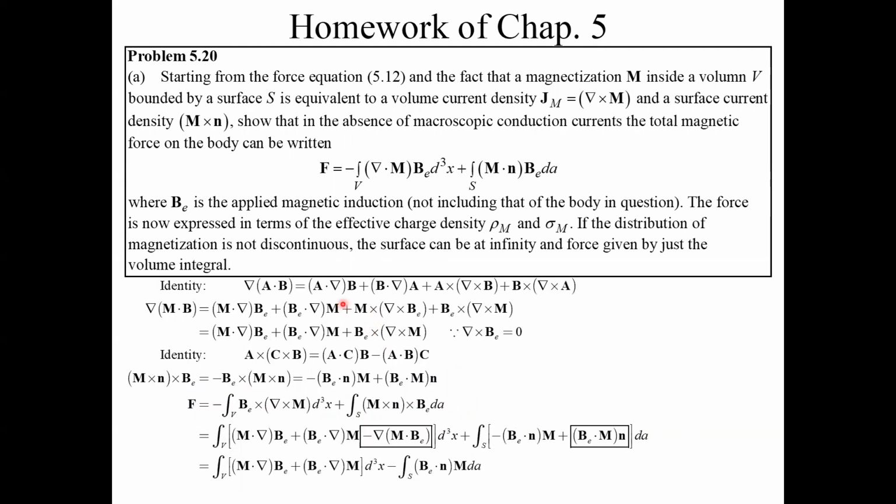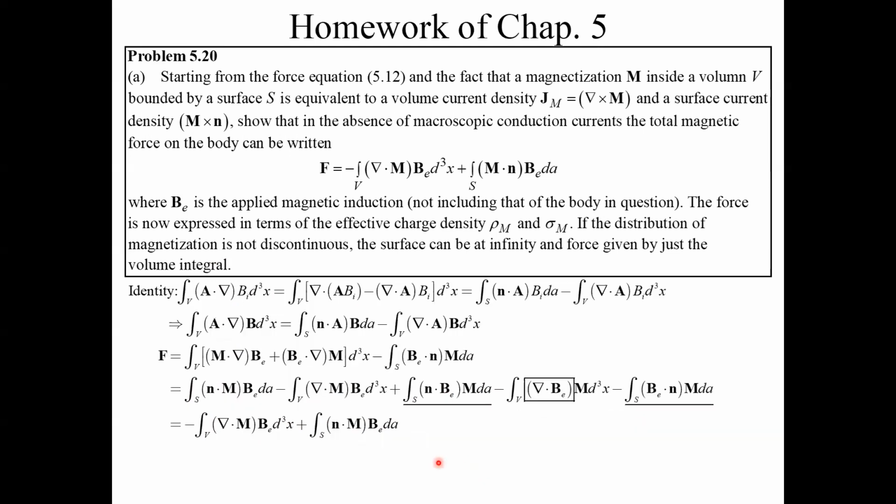Next step, we use these two identities to treat these two terms, and we can sort them into this one, and this one will cancel each other, and finally we'll get this one.